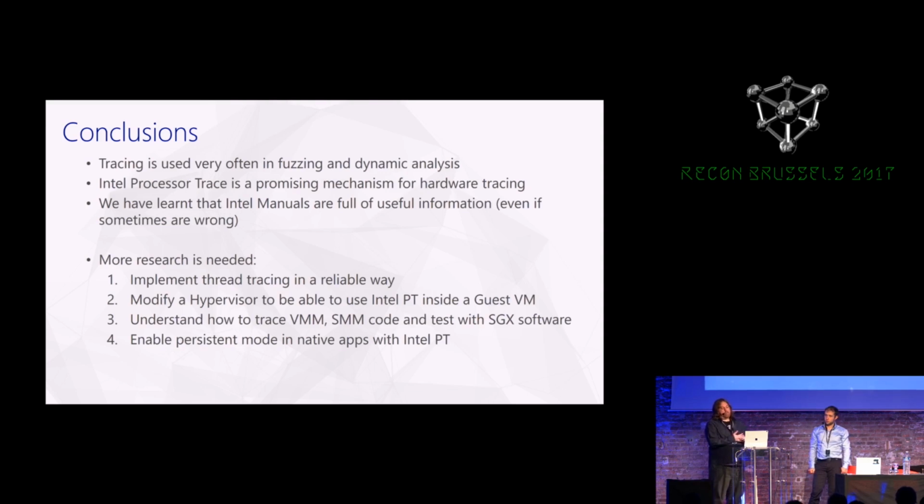There are capabilities of deploying Intel PT to trace things like SGX mode and SMM, and those are kind of future areas of work. And then also, my end goal is, of course, to get this fully supported with persistent mode and everything as well. One thing that we need to do as part of that is to finish the ETW-based thread context switch awareness, because we need to separate these logs out into a per-thread instance.